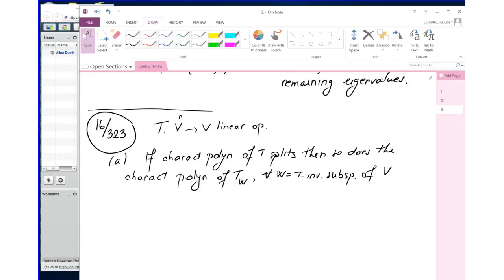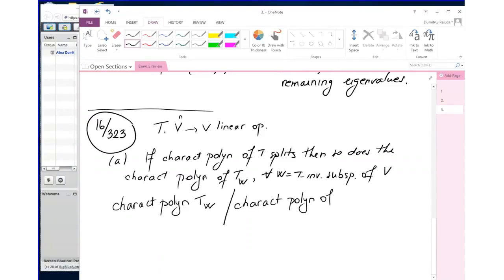There is a result from last time precisely related to this, in the sense that one of them divides the other. So if W is T-invariant, the characteristic polynomial of T restricted to W divides the characteristic polynomial of T.